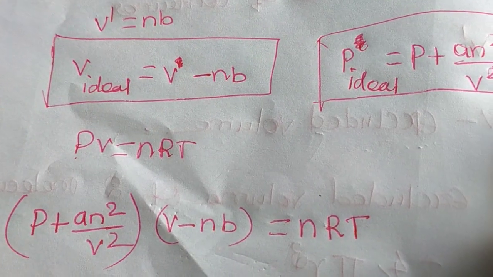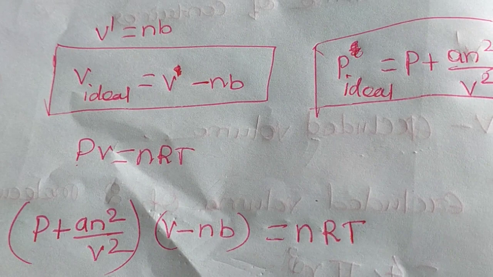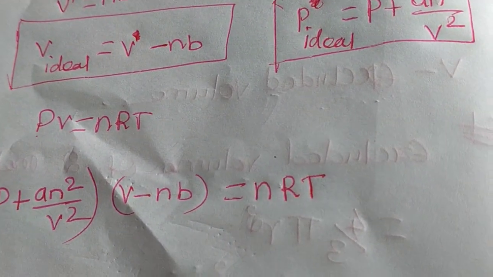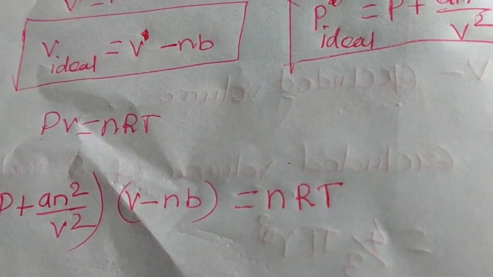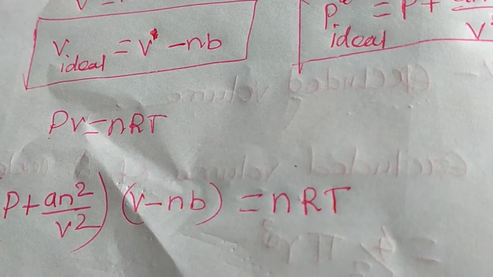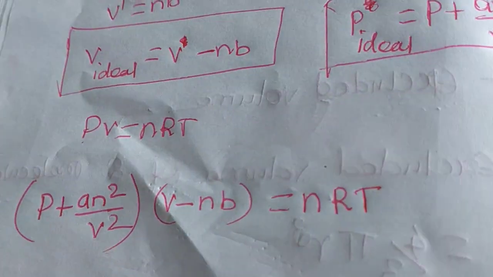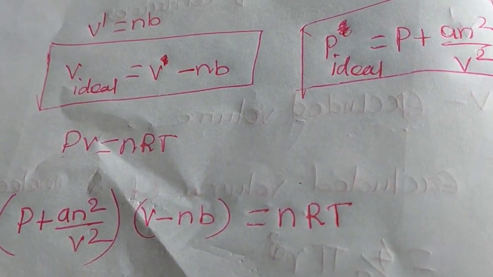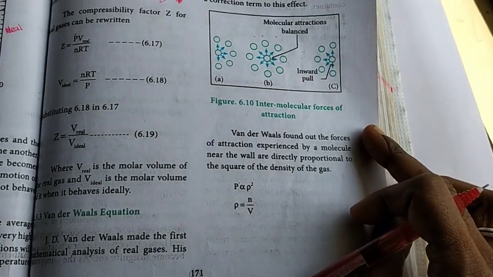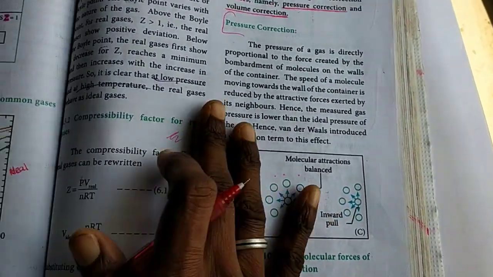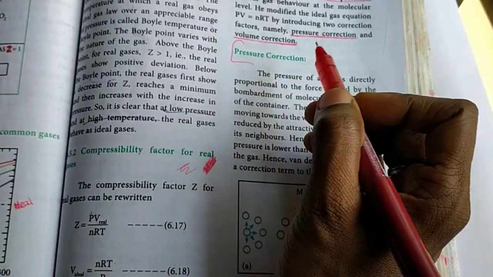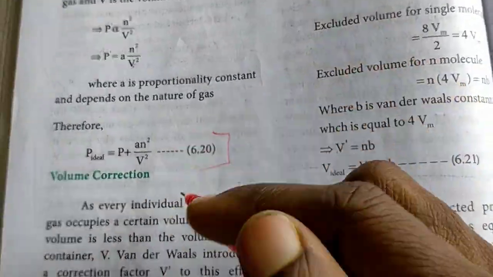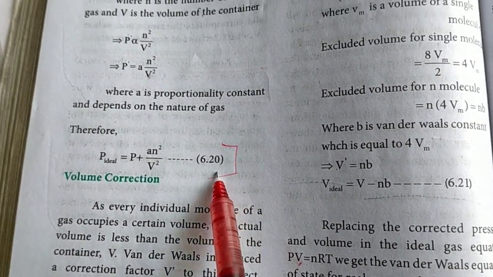This is an important question from this unit: pressure correction and volume correction, or they can ask the question like van der Waals pressure correction in a 3-mark question, or together they can ask in a 5-mark question also. So this is an important topic, you have to study fully. Take page 171 and mark the pressure correction from the heading pressure correction, and into the next page up to here.